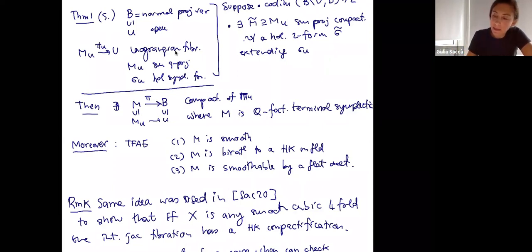I'm just claiming the existence of a compactification with those properties without actually telling you what it looks like, and also in general, it's not easy to check either of these conditions. So maybe I'll sketch a proof of this theorem later, but I would like to give some applications of this.